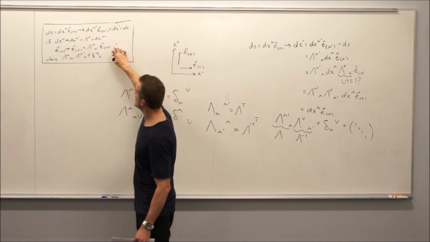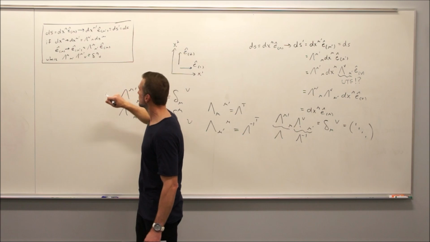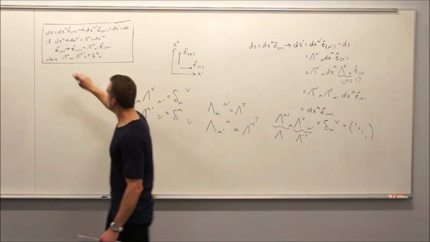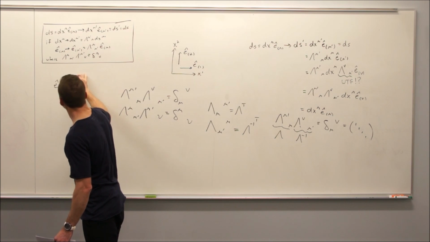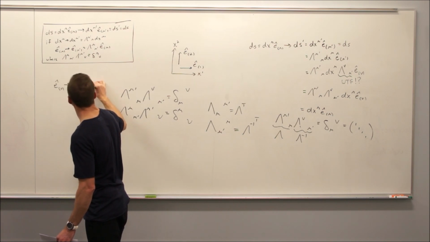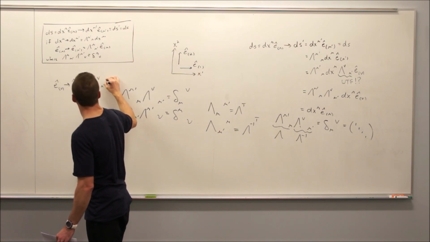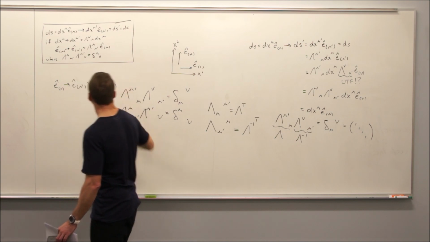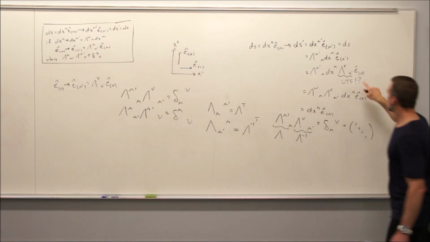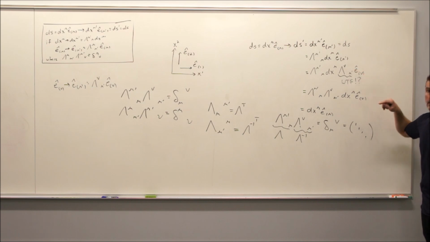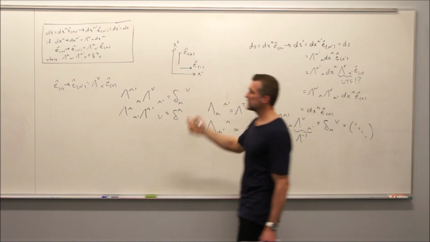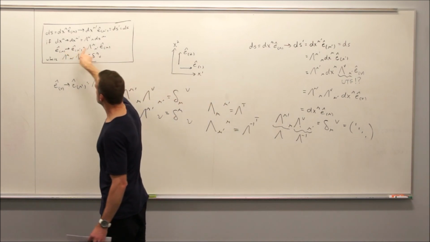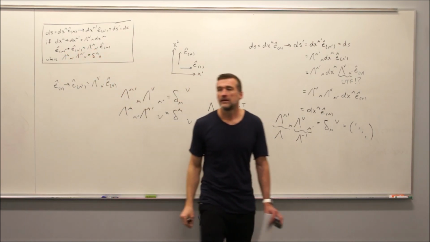I mean, this would be, yeah. So to make you more comfortable, I could have written this. And that would have lined up a bit more with choosing the nu here. But normally when we write these transformations, we just stick with one letter.